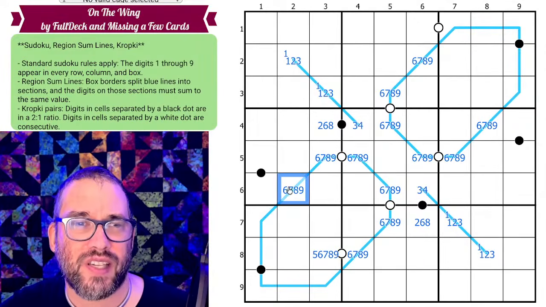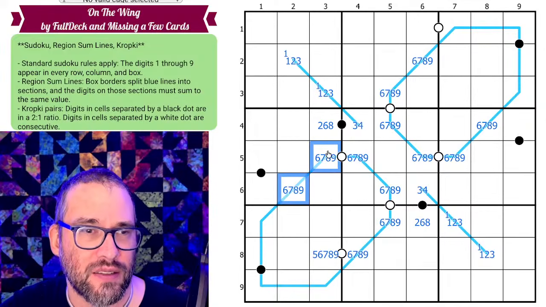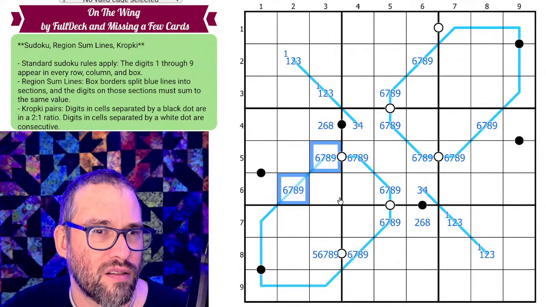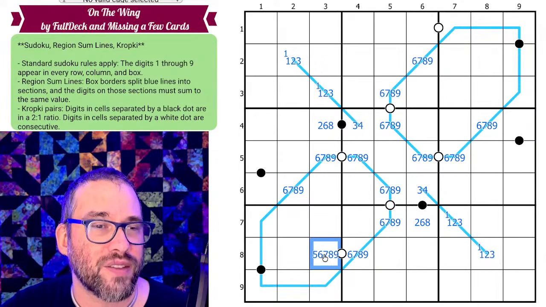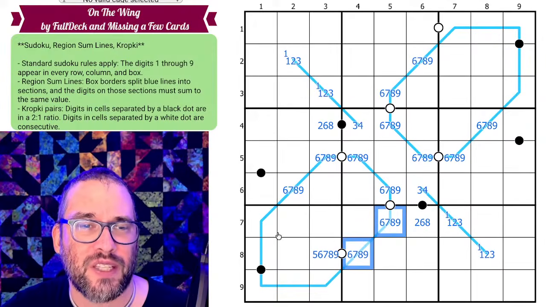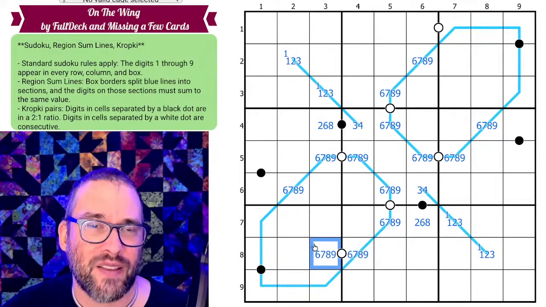And the 6 forces a 9 and forces the sum to be exactly 15. Oh, that's cute, Todd. If this is a 5, that makes this a 6, 9, which means the sum is 15, but that puts a 5 here. So this is legitimately high.